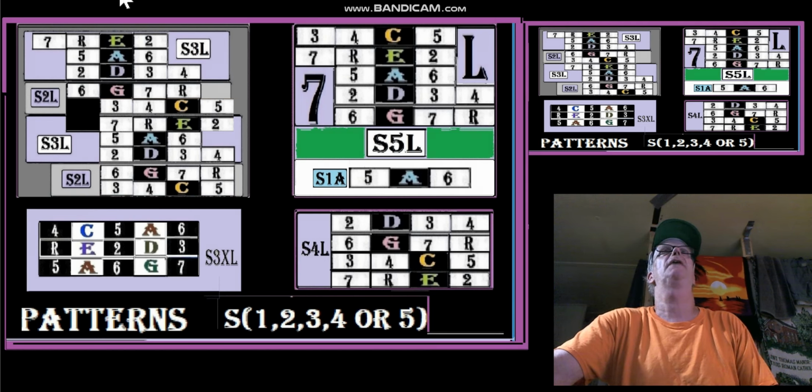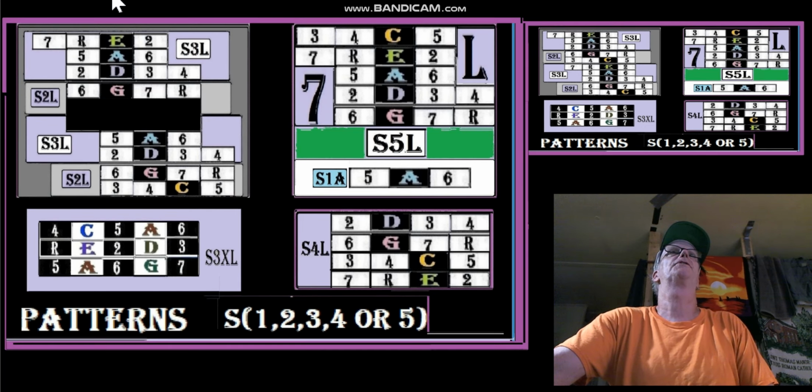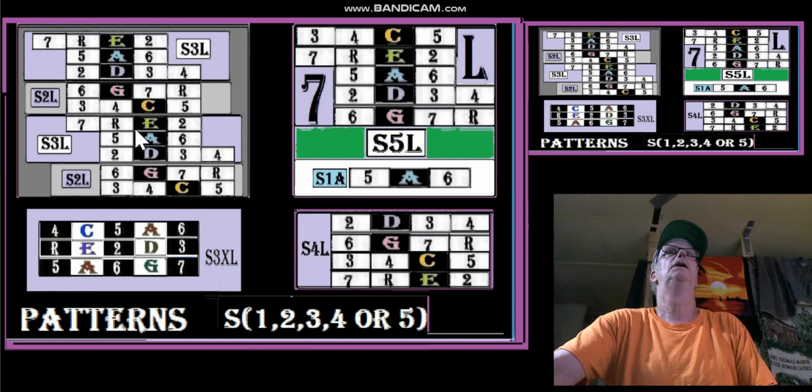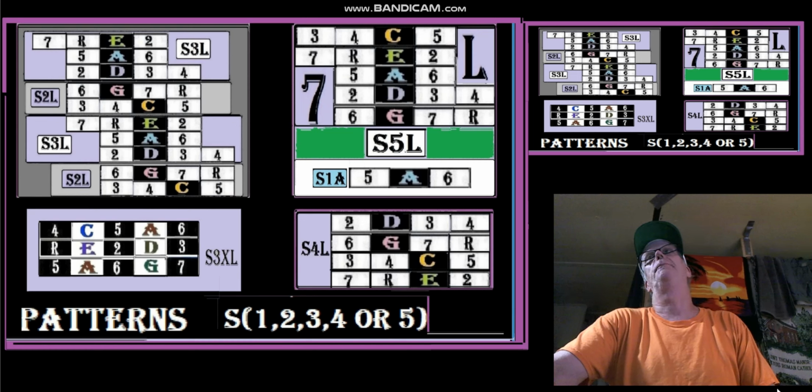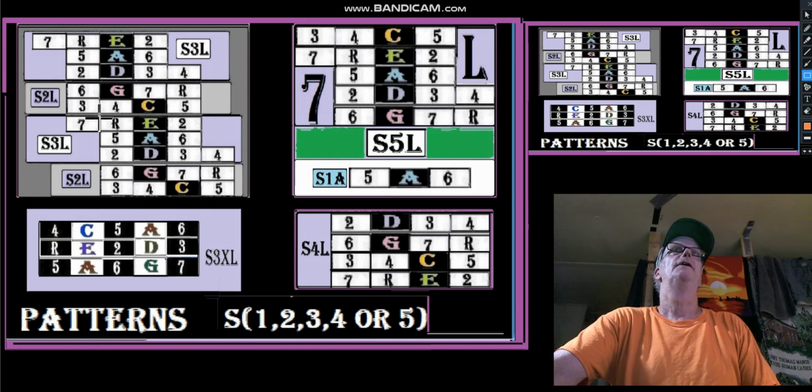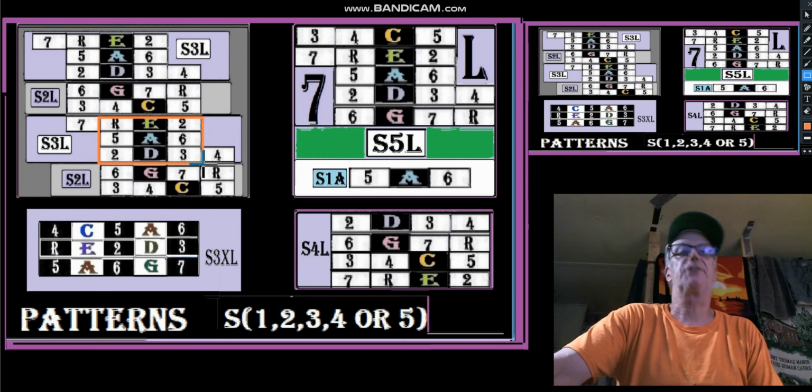So now that we have talked about the patterns, we talked about the S3XL, the S3L. And L means long, as opposed to short. You see this little box here? That's a pentatonic scale.